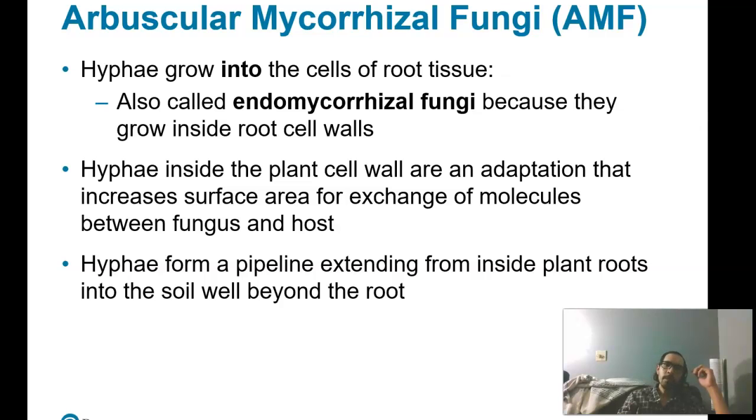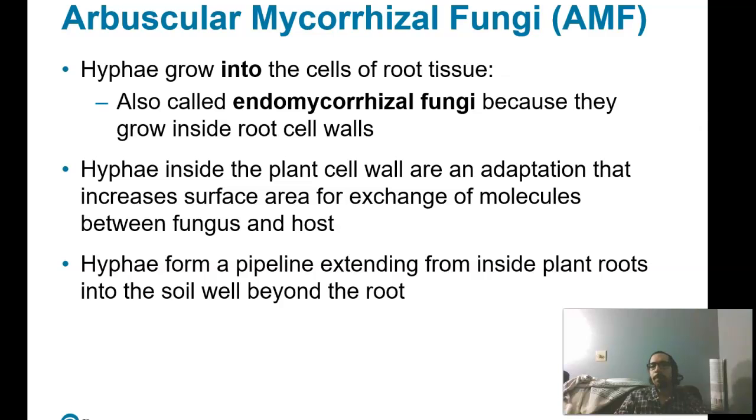In arbuscular mycorrhizal fungi, the hyphae grow into the cells of the root tissue. And these are also called endomycorrhizal fungi because they grow inside the root cell walls. The hyphae inside the plant cell wall are an adaptation that increases the surface area for exchange of molecules between fungus and host.